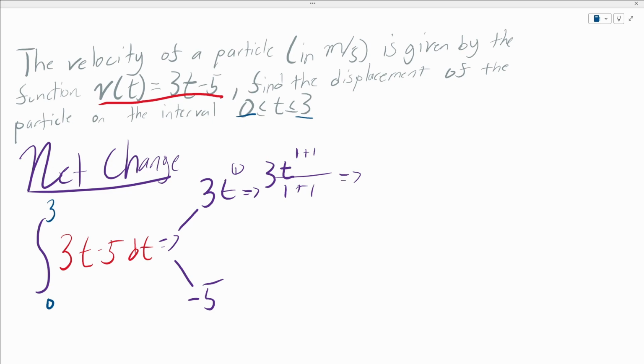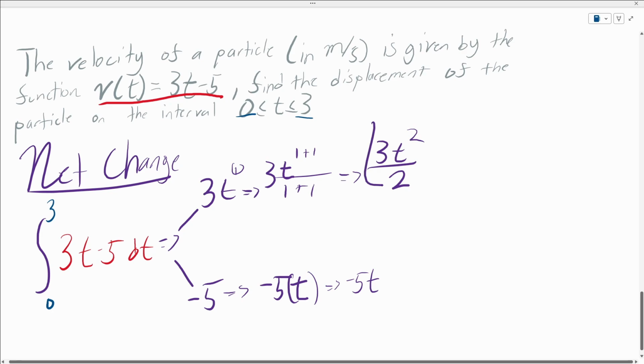So 1 plus 1 is 2, so we'll have 3t squared, and then 1 plus 1 in the denominator, again, is 2. For our negative 5, again, our constant when we're integrating with respect to a variable is going to be that constant times that variable. So we'll have negative 5 times t. And then it's just negative 5t since we're integrating with respect to t.